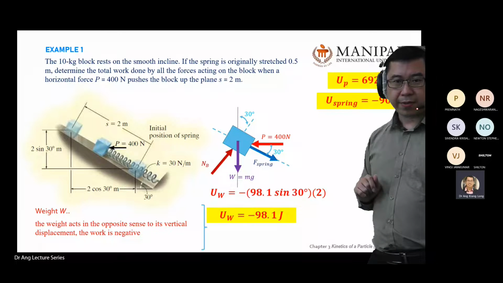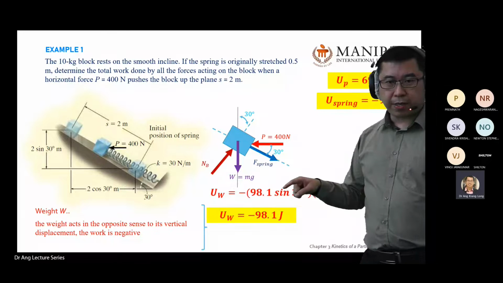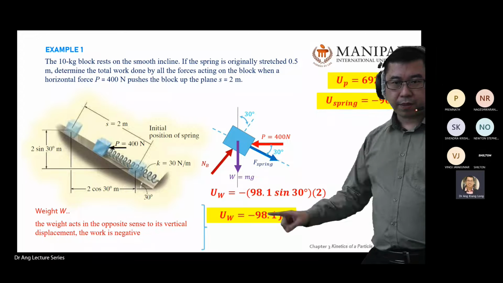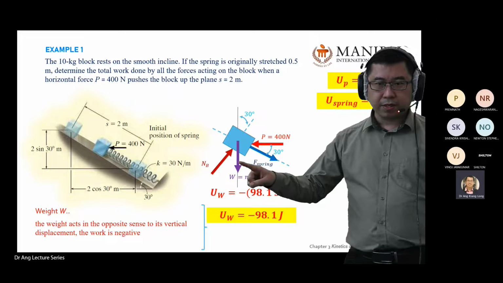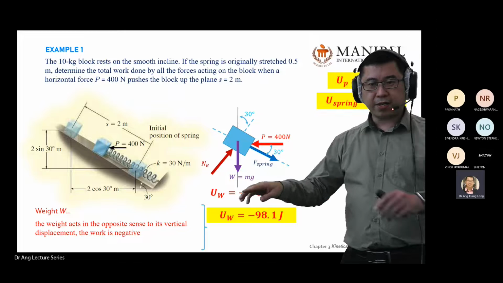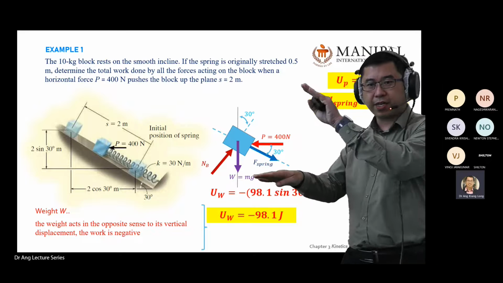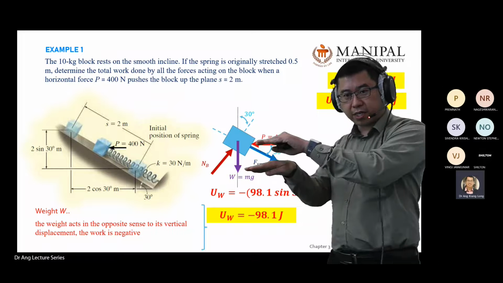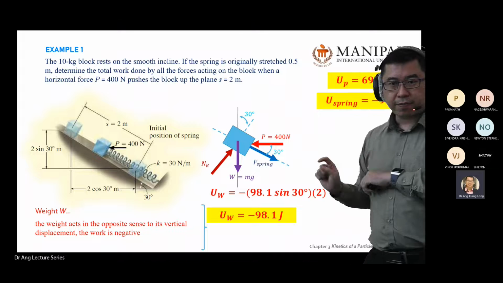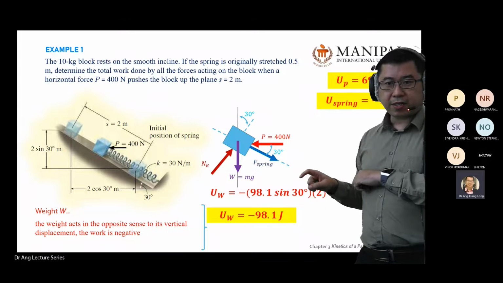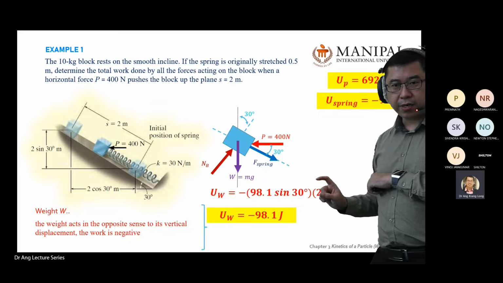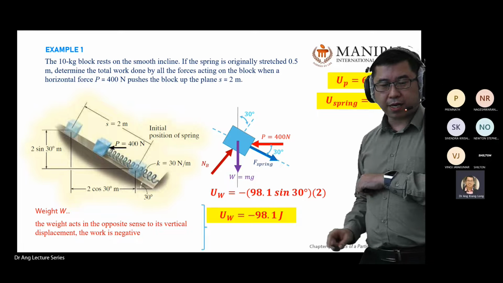All right. When you do work, you always align your force and displacement together. Then only can it generate work. So here, you can either move your sine 30 to the displacement, or you can move your sine 30 to the force.